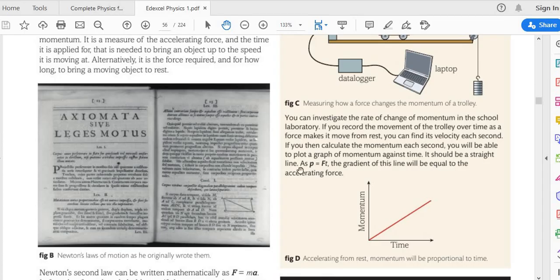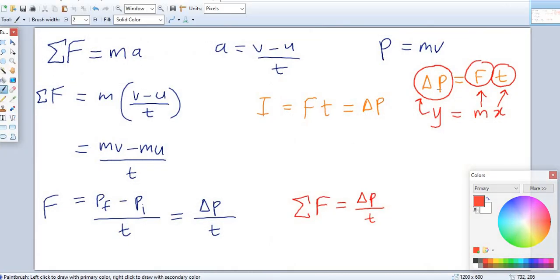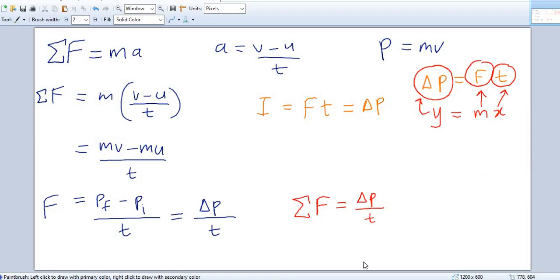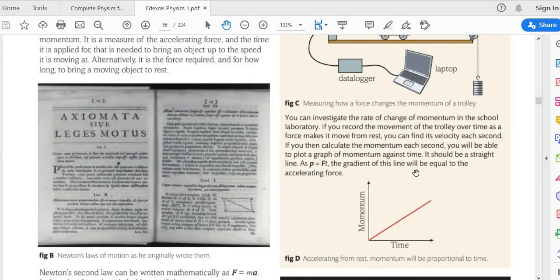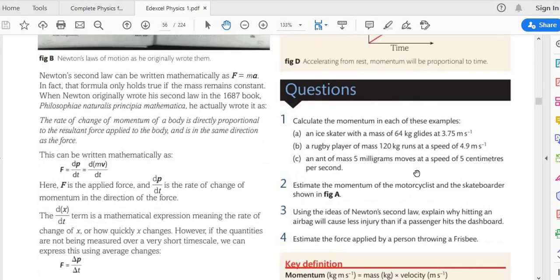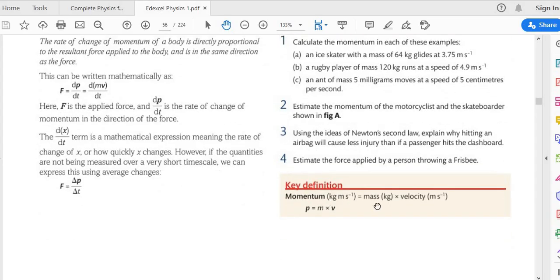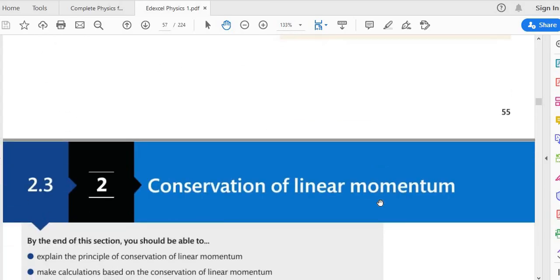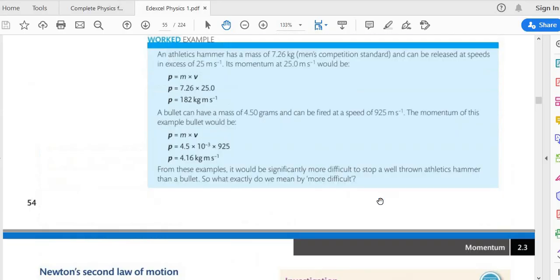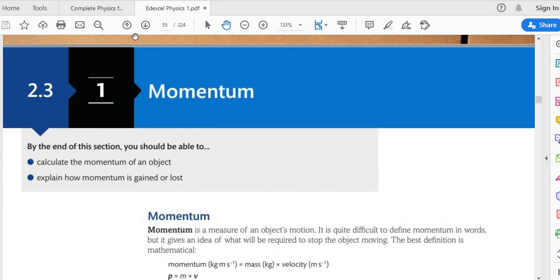It should be a straight line, as momentum is equal to the resultant force times time. P equals Ft. The gradient of this line will be equal to the accelerating force. And this definition is very important, and that's the end of 2.3 part 1.